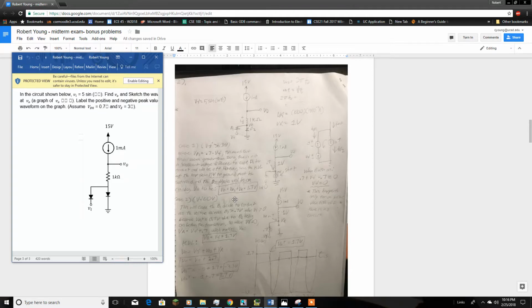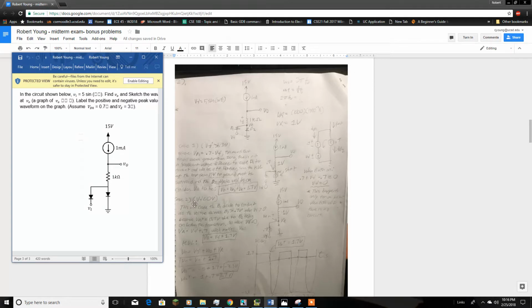However, since the KVL of the loop from 15 volts to ground must be satisfied, D2 is going to be on, causing V_out to be V_D2 plus V_R, which we know is a constant 1 volt because we have 1 milliamp going through a 1000 kilo ohm resistor. So that gives us a V_out of 1.7 volts for all values of the input waveform greater than 0.